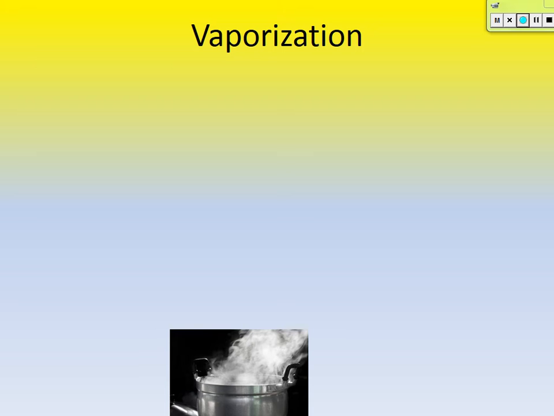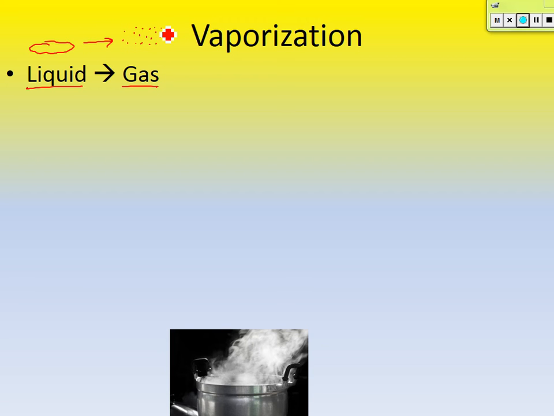Okay, vaporization. This is a good one. Vaporization, what are we doing here? We're going from a liquid to a gas. So now we've got this puddle of water, and we want to make it into the gas phase, so we're going to make some steam here, like that.